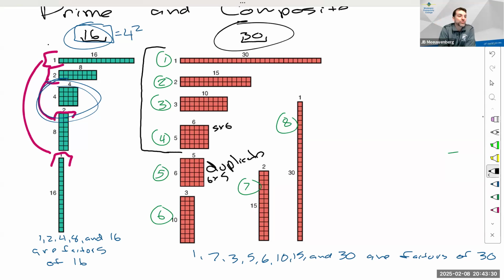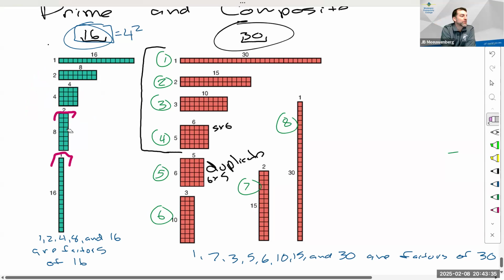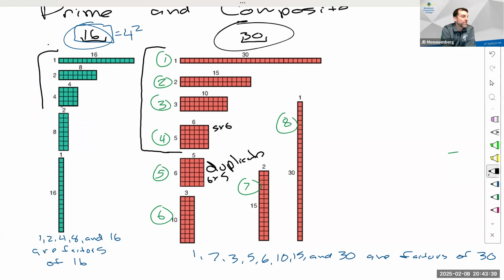And the same thing occurs with the number 16. Once we got to 4 times 4, once we got to here, then we started to duplicate factors. And so once we get to the squarest version of our array, then everything else beyond that is a duplicate factor.